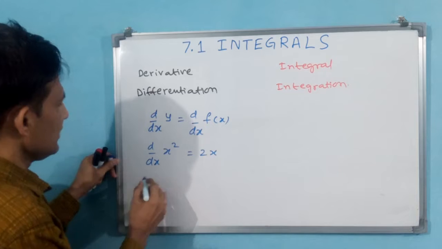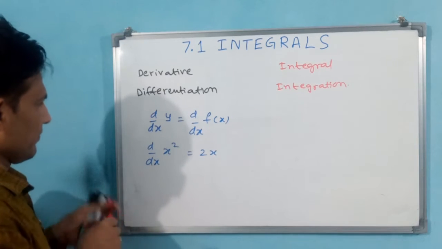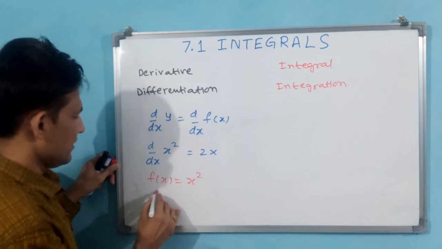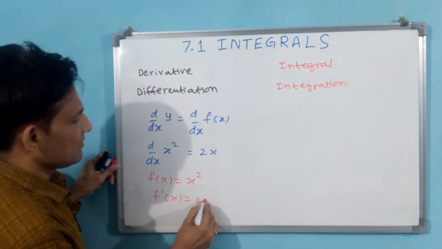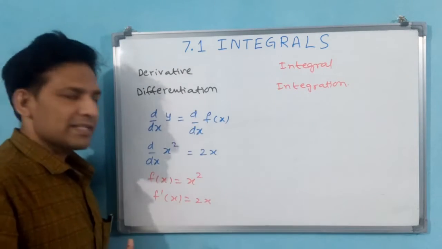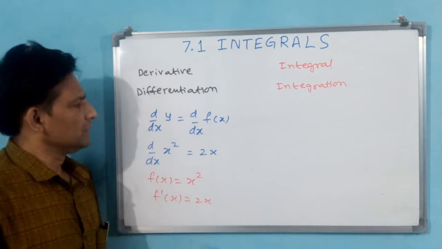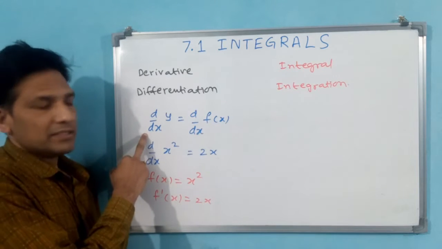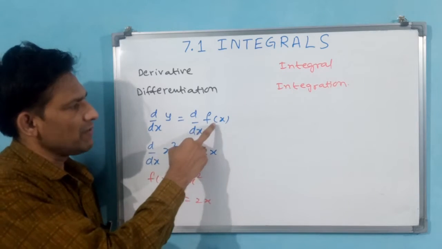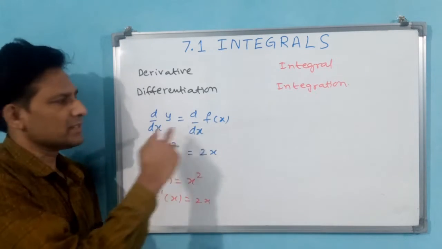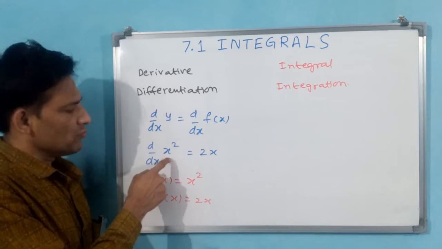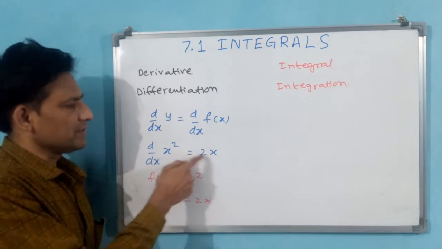Here you see f of x is equal to x square, f dash x is equal to 2x. First you understand this. That means this we already know. Differentiation of y with respect to x, differentiation of f of x with respect to x, both are same. Y is equal to f of x. Differentiation of x square with respect to x gives 2x.